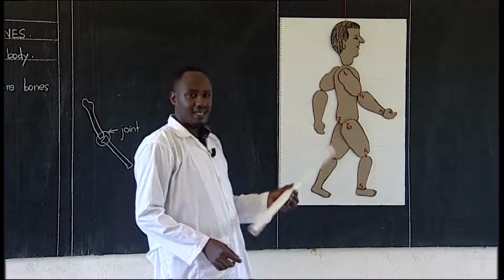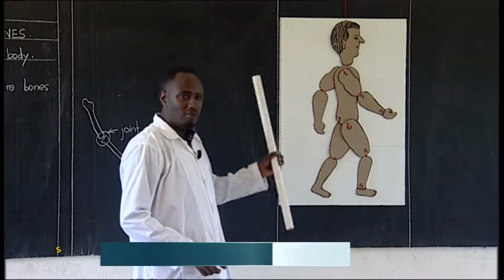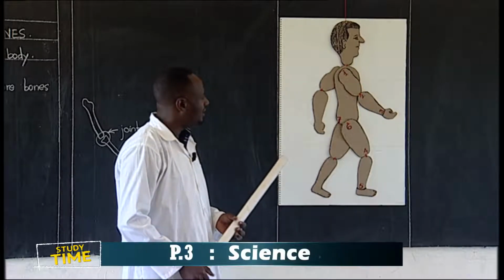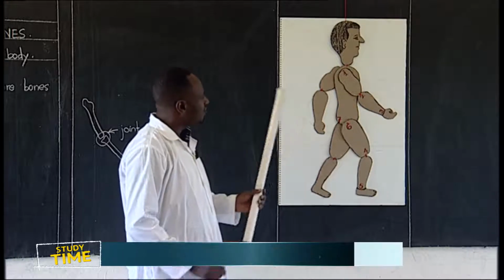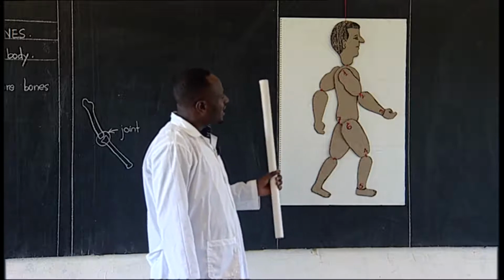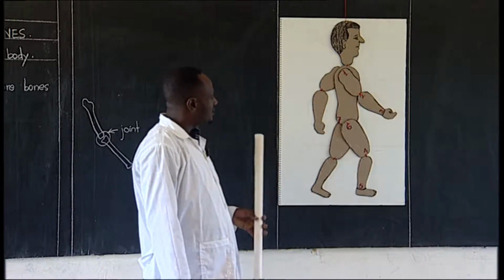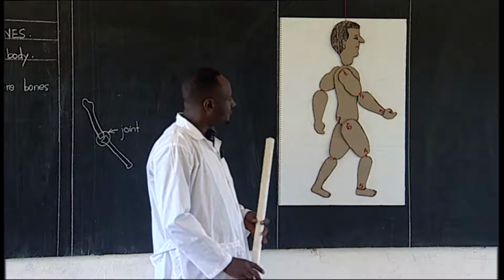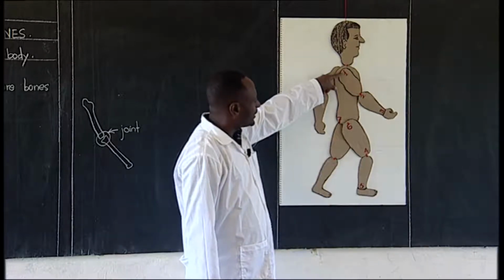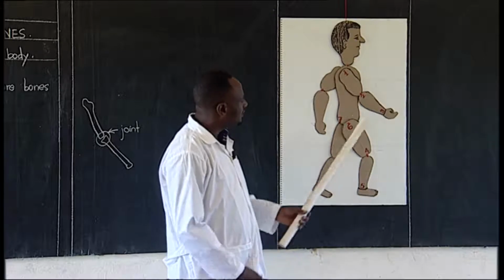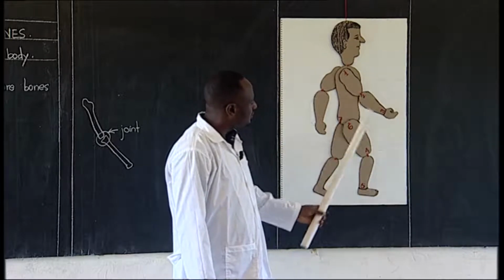So inside the human body, we have bones. That one you know very well. Now, these bones are joined at different points. As you can see here, we have a joint here. We have a joint here, named 2.